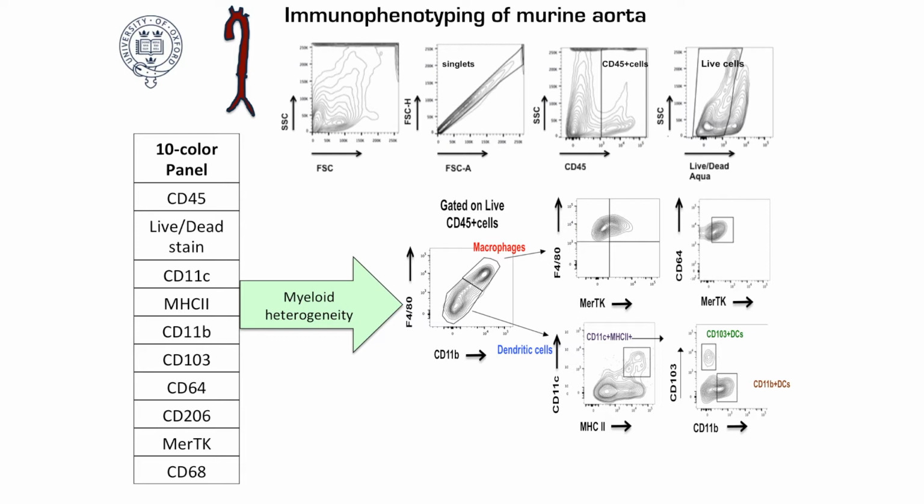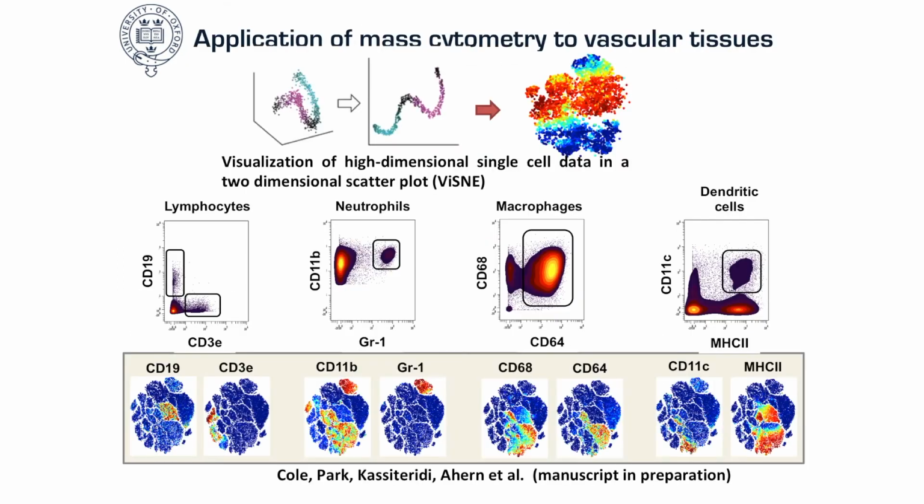And you're familiar with the immunophenotyping of a murine aorta. This technique has been used for quite a while, since Galkina et al. developed the methodology. It relies, for example, on at least a 10-color panel where you can look at the heterogeneity of different cells, and it works quite well. I just want to show you how CyTOF data look when you apply mass cytometry to a murine aorta.